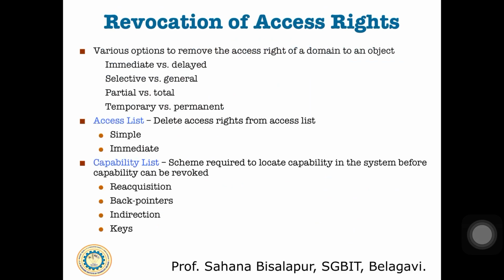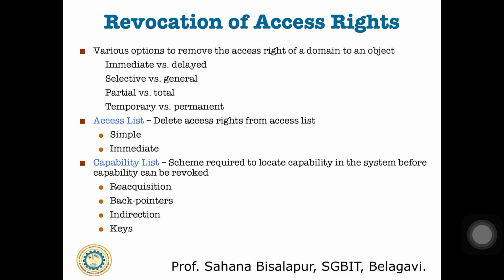Next is indirection. Here the capabilities point indirectly to the objects. That means they are not pointing directly to the object. Each capability points to a unique entry in the global table, which in turn points to the object. So indirectly, through the global table, you will be pointing to the object.